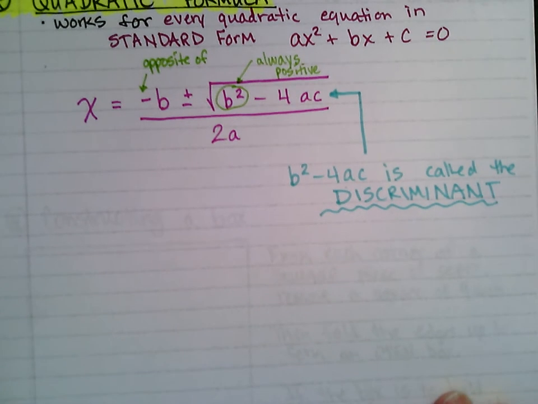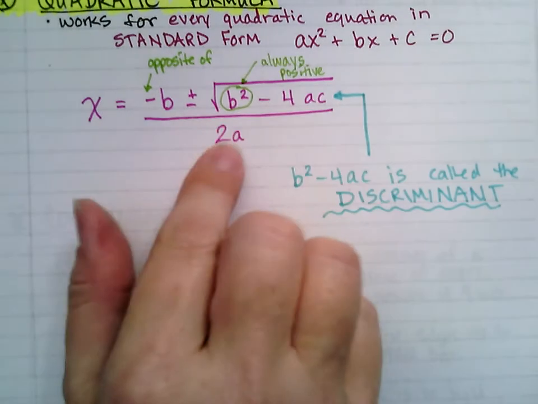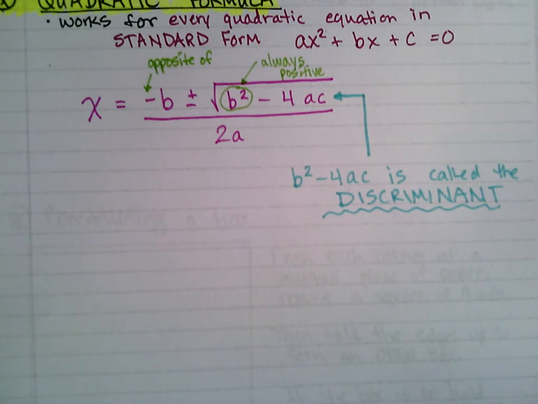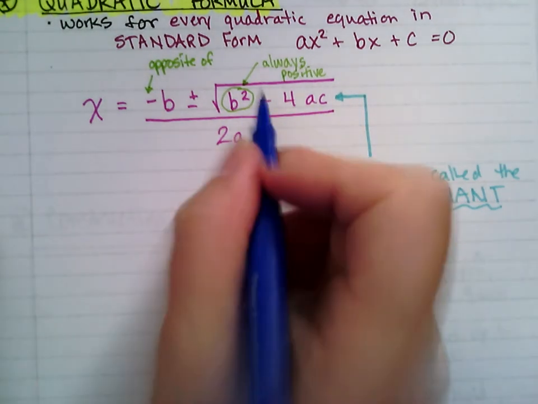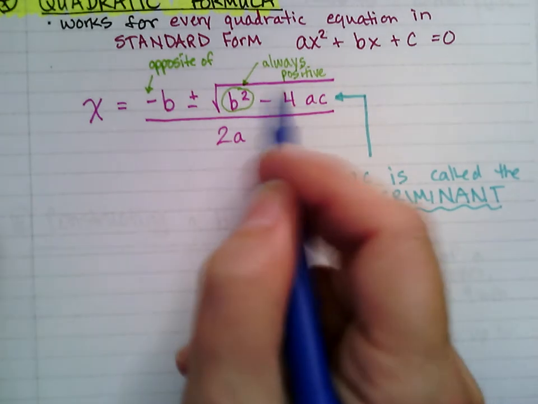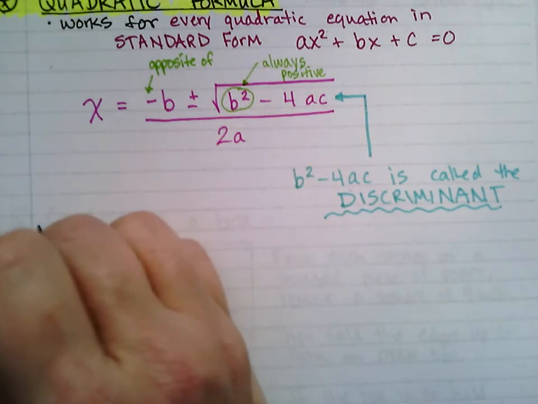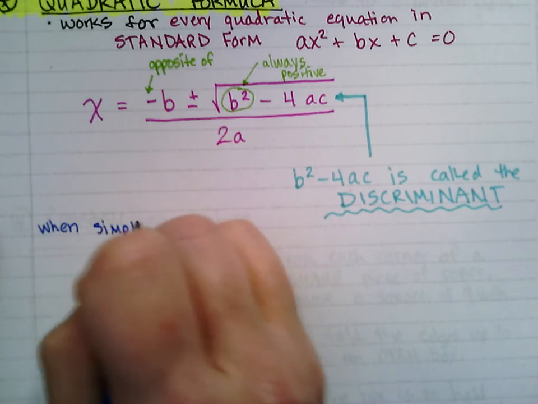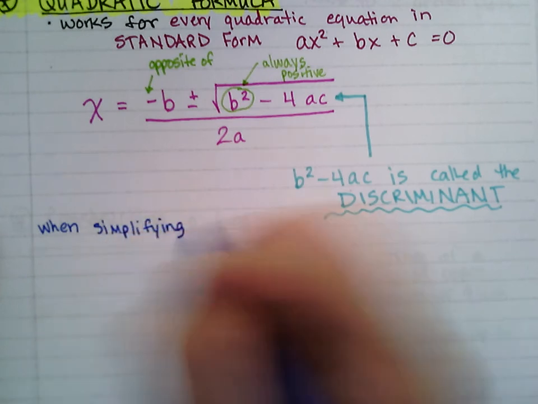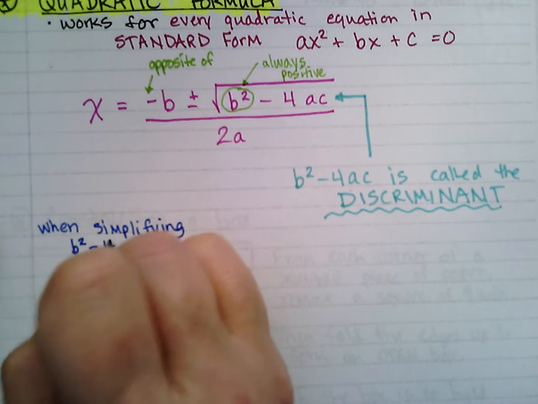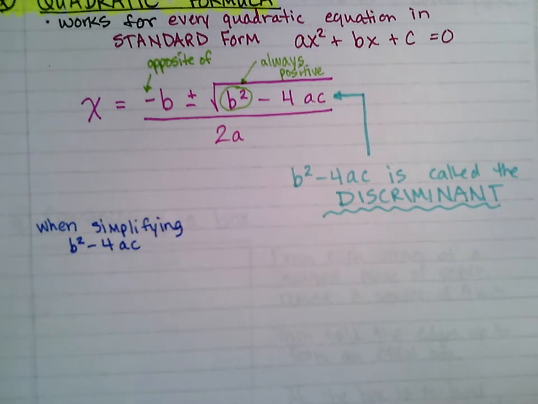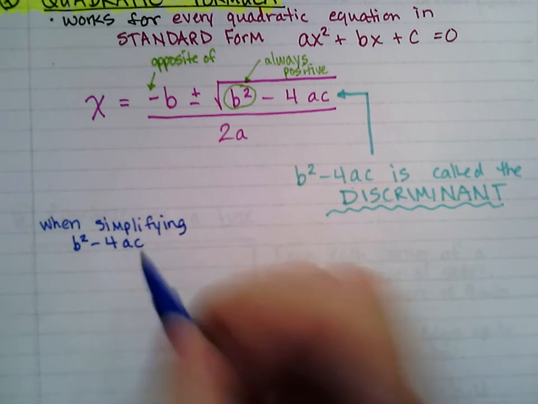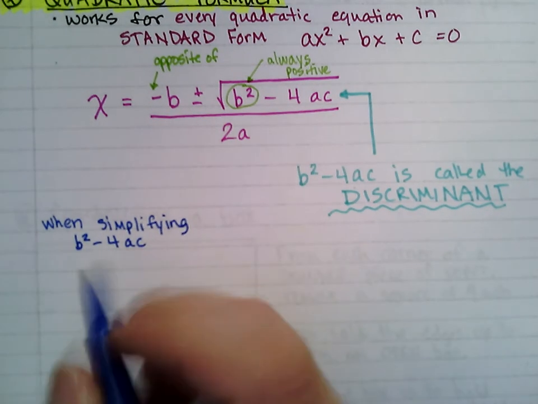Okay, when you're working through the quadratic formula, after you substitute all your numbers into it, you're going to simplify what's inside, the b squared minus 4ac. When simplifying b squared minus 4ac, you want to look to see how many negatives you have in here.